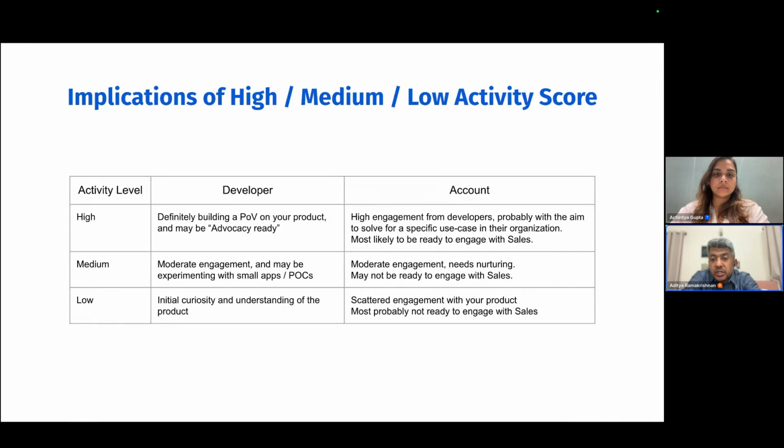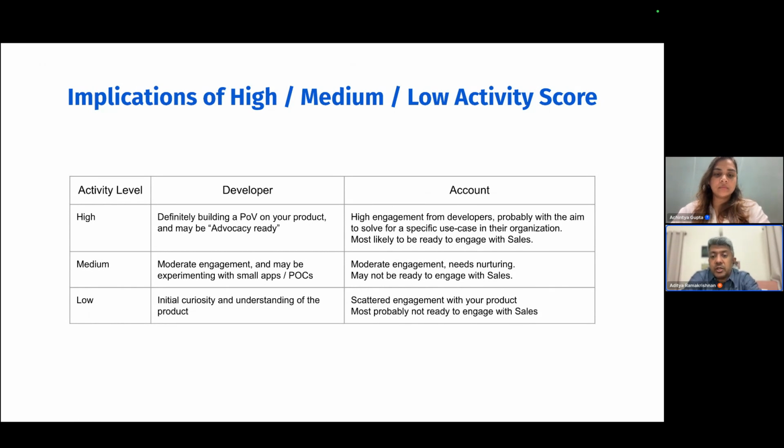Moderate engagement probably are accounts which are getting to that point. They'll need some nurturing. They may not be ready for an active sales conversation yet, but they're getting there, right? And low is going to be a case of either it's few developers, or developers who are engaging deeply, which is probably personal interest, or it's a bunch of developers, but everyone's just superficially engaging with the product.